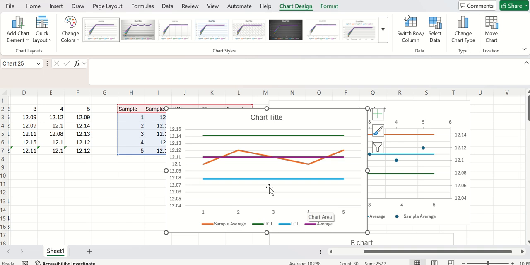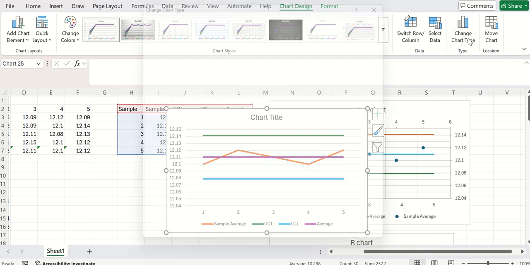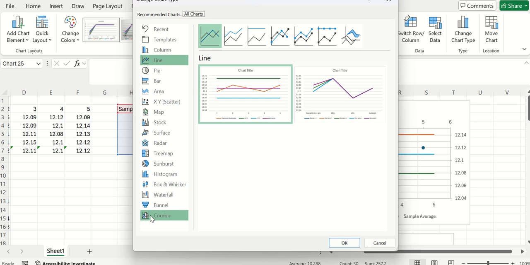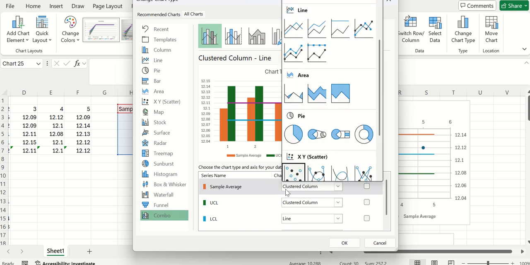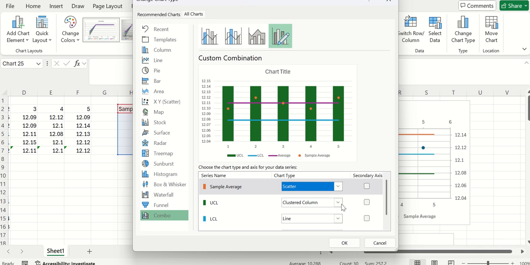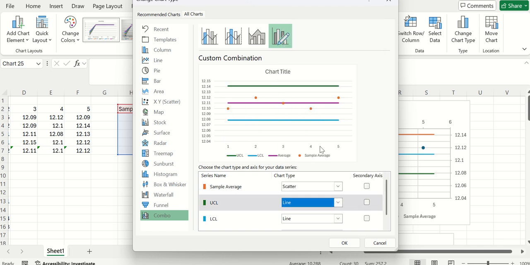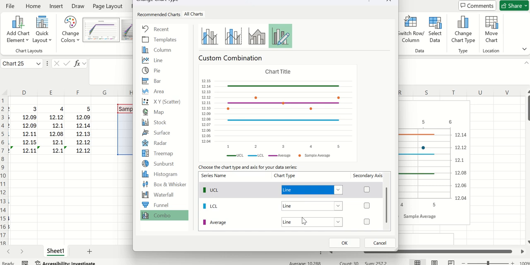Now we see everything is in a line format. That's not what I want. I want this actual sample average to be a scatter plot. So I go up to Change Chart Type, come down to Combo and left click on it. It asks how I want to put these things together. I want the sample average to be a scatter plot, the upper control limit to be a regular line, LCL a line, and the average a line.